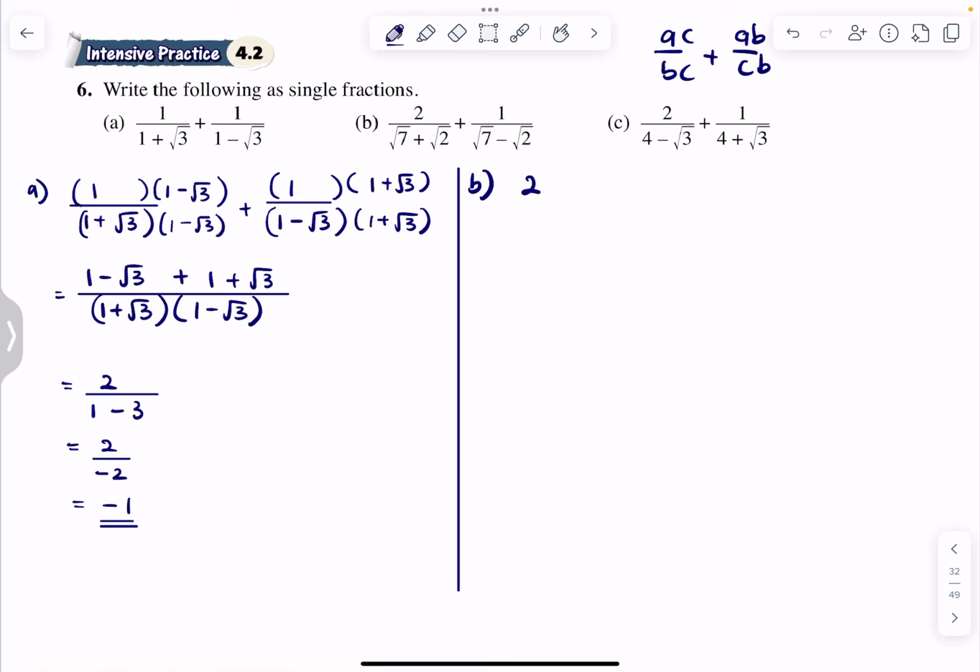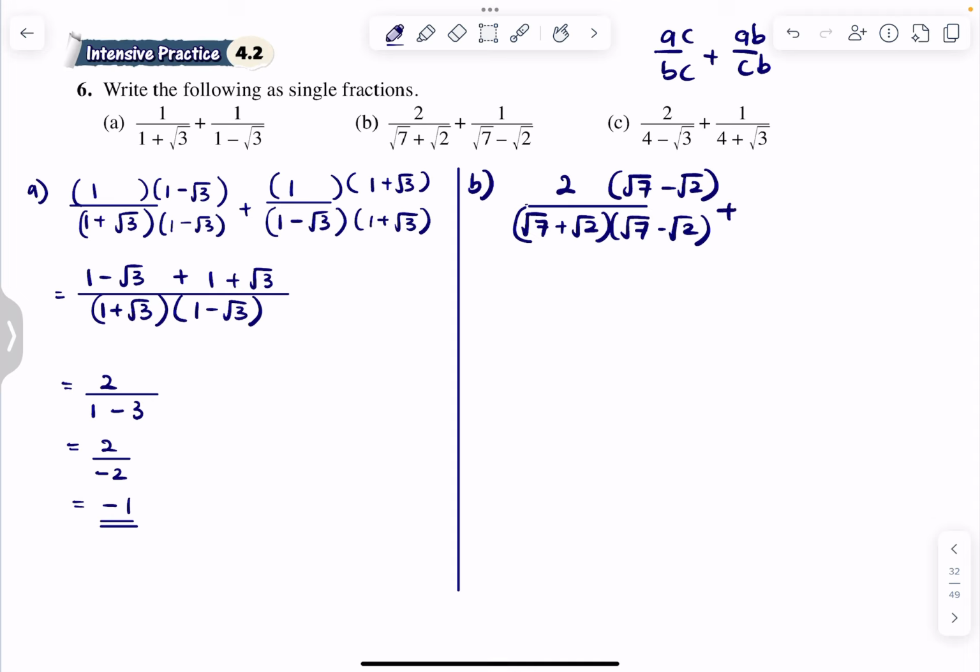So I can say 2 times this fellow, √7 minus √2, over √7 plus √2 times √7 minus √2. Maybe I write like this, it'll look a bit neater. So basically this fraction, 2 over this, I multiply with this one, up and down.